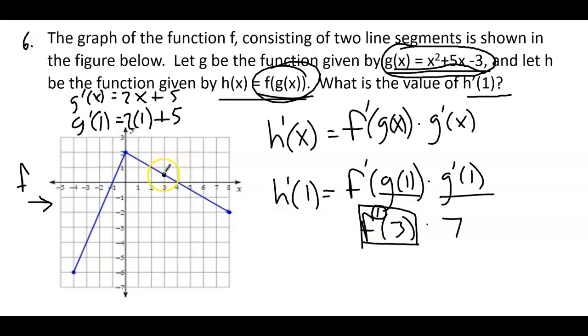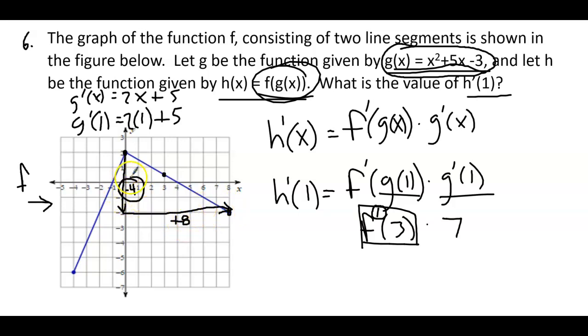So here's where x equals 3. So they want me basically to find the slope of this line. Okay. So if I go from this dot up here to this dot down here, since it's a straight line, I can pick any 2 dots I want to. And all I have to do is find the rise and the run. So it looks like I'm going down 4 and then right 8.